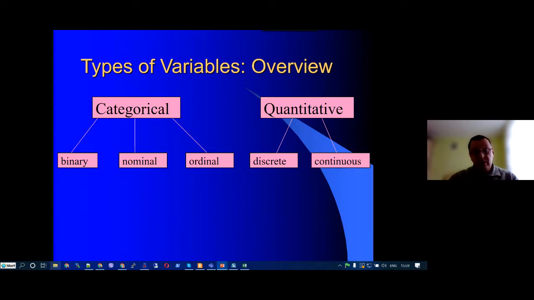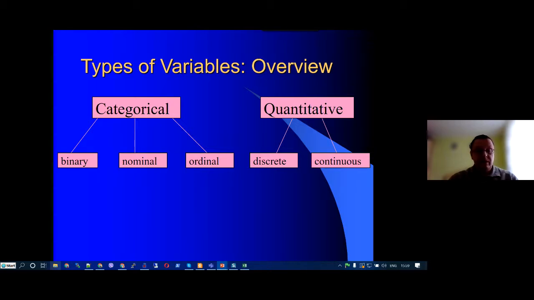It's very important to go through and remember the main types of variables. Our data can be split into two general groups: categorical, or qualitative, variables and quantitative variables.